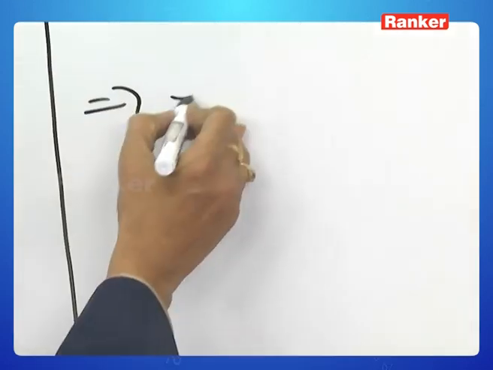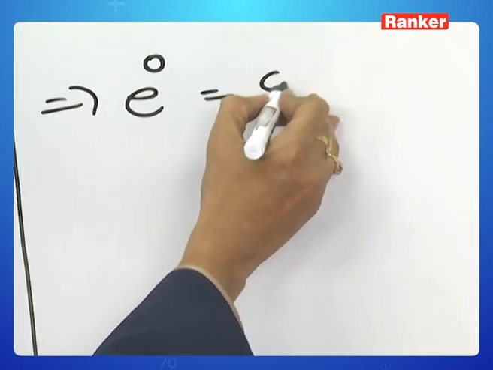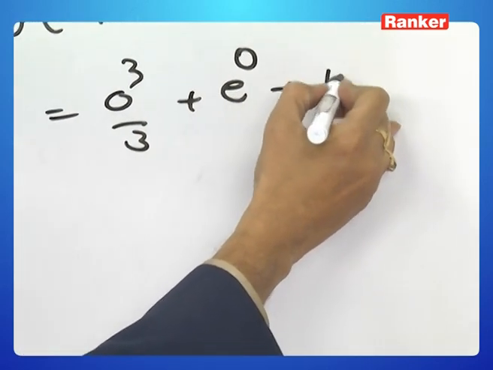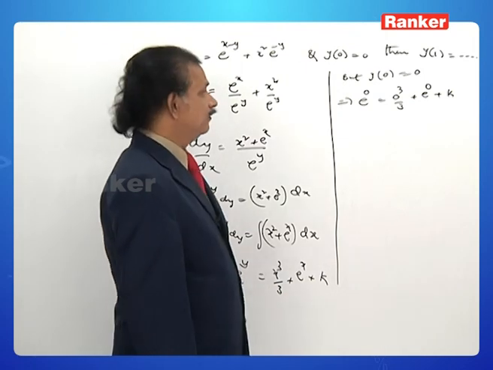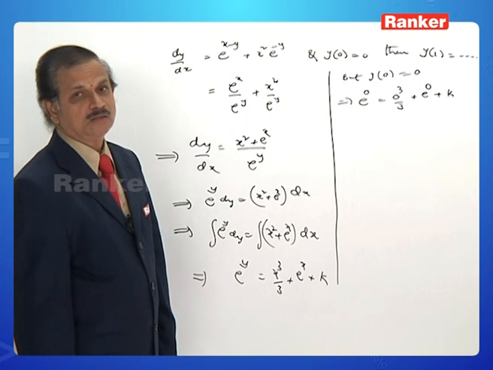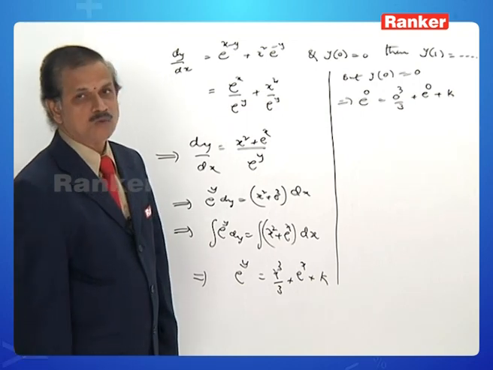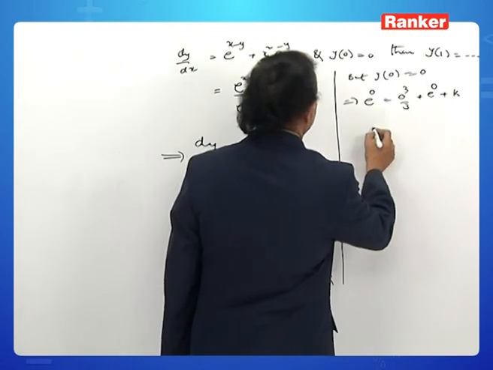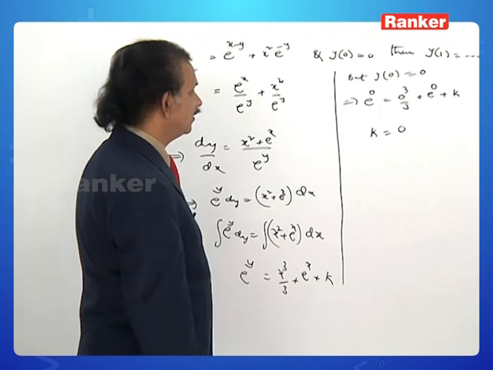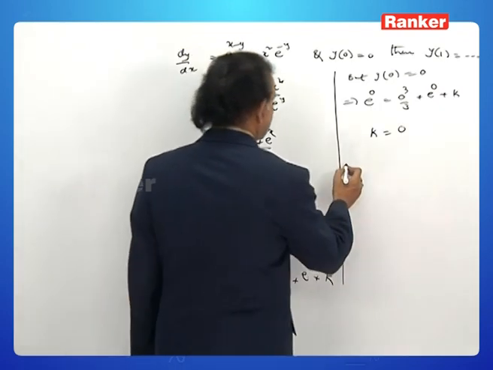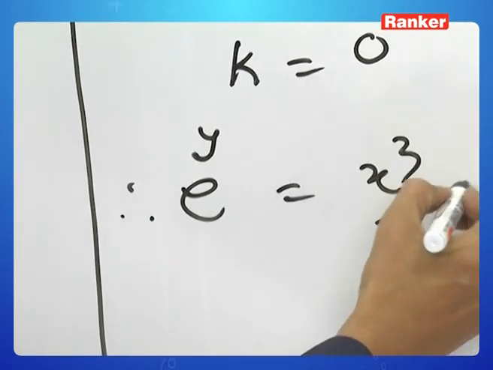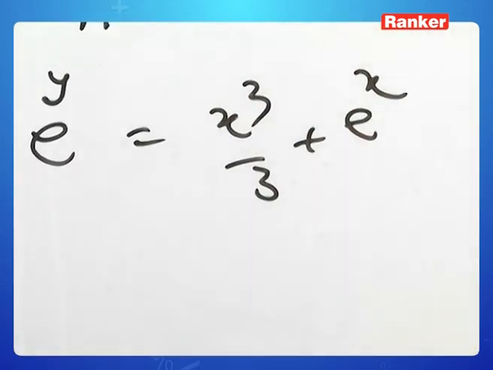Therefore, e power 0 is equal to 0 cube by 3 plus e power 0 plus k. 0 by 3 is 0, e power 0 is 1, e power 0 is 1, 1 and 1 will go away, leaving you k is equal to 0. So, k is equal to 0. Hence, e power y is equal to x cube by 3 plus e power x only.